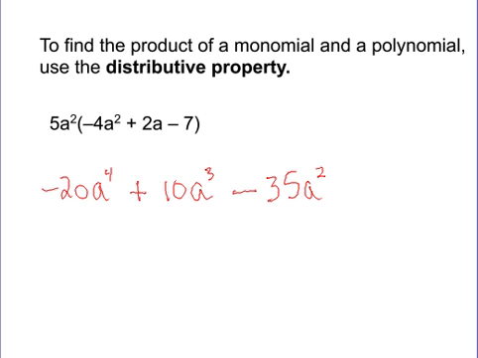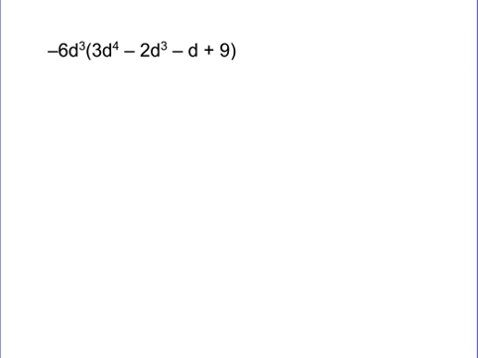Okay, another example of multiplying a polynomial by a monomial. Pay attention to your negative signs. Make sure that you get those worked out properly. So negative 6 times positive 3 is negative 18. D cubed times d to the fourth, d to the seventh. We're multiplying bases, add exponents. Negative times a minus would be a plus. 6 times 2, 12.